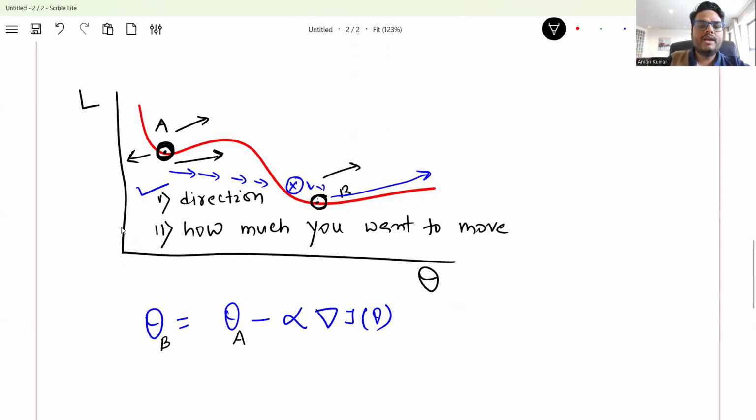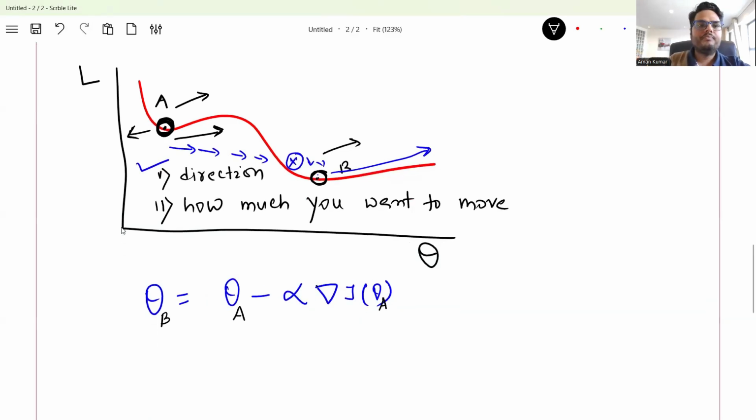What is the meaning of gradient of loss function at point A? Here, in which direction you need to move, to determine that, you have to compute the gradient. Gradient means you have to compute the derivative.